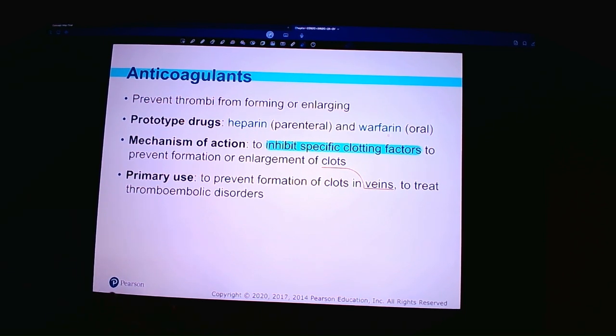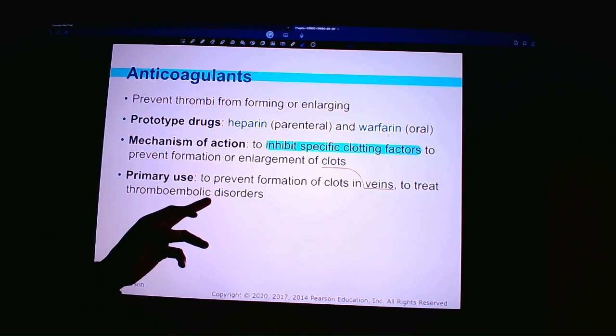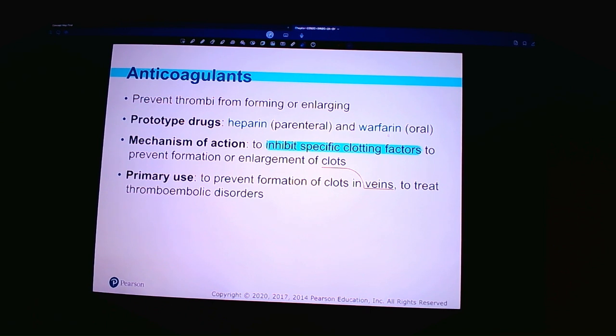They're mainly for prevention, all related to prophylaxis, right? They either prevent the clot from occurring or from getting bigger, because we want to avoid an effect like ischemia.